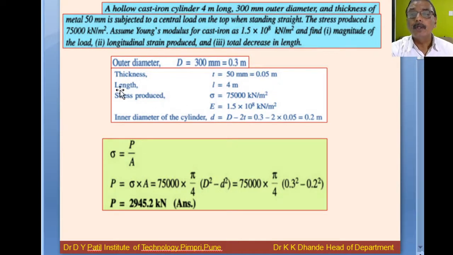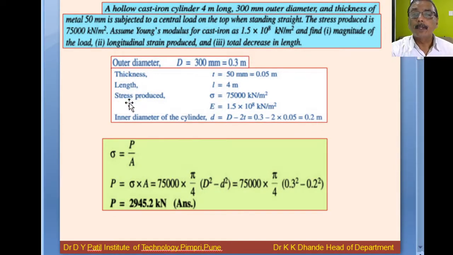Is it right? So outer diameter is known, 300 mm. Thickness is known, 50 mm. So we can calculate here inner diameter. So inner diameter of the rod, small d, is equal to D minus twice t. So you will get here inner diameter 0.2 meter.